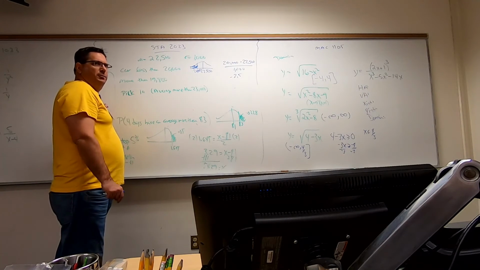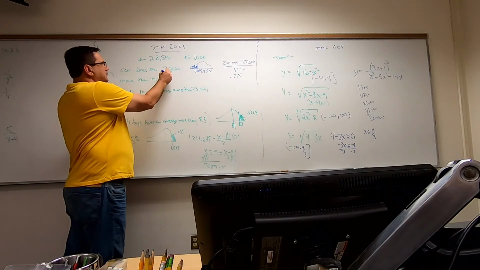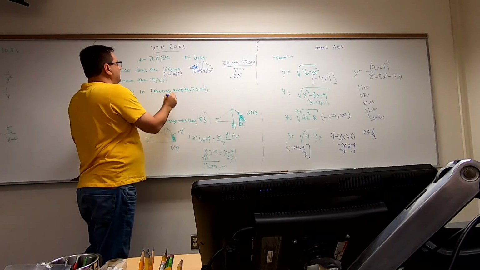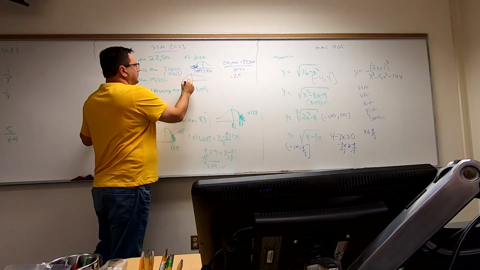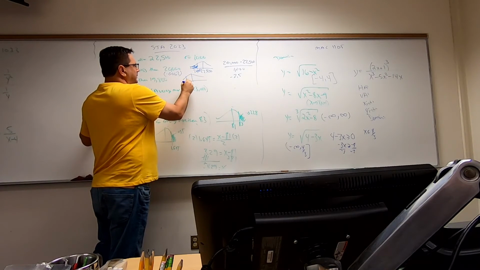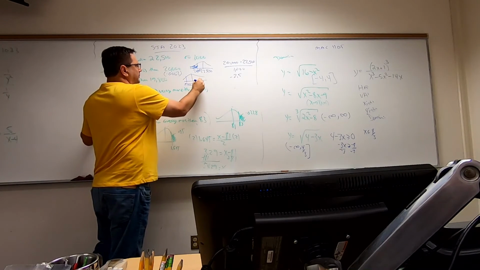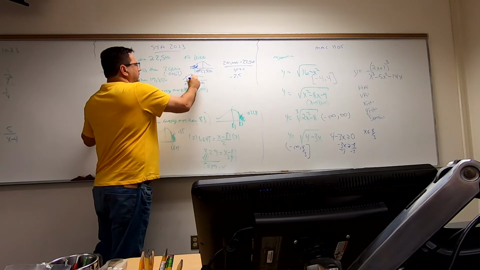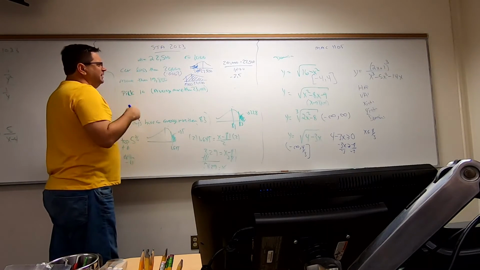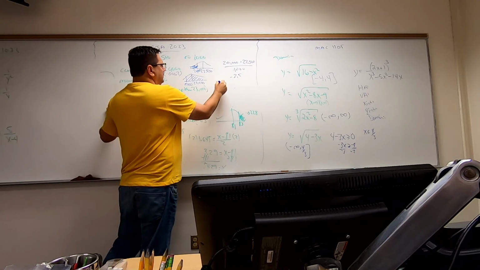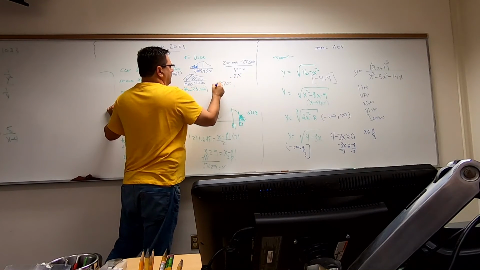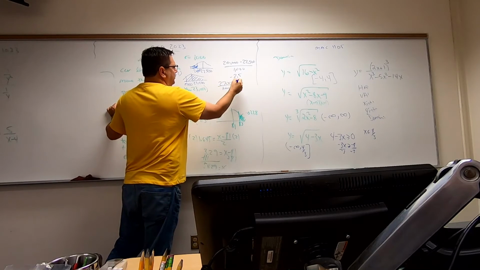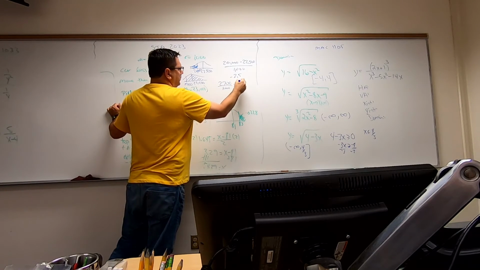I have no reason to doubt you. More than 19,800. Here's 19,800. This is 22,500. More than that, yeah? That's 2,700 over 1,000, which is 2.7.